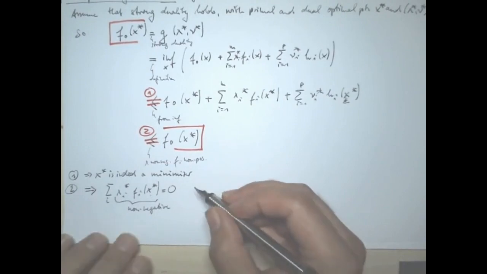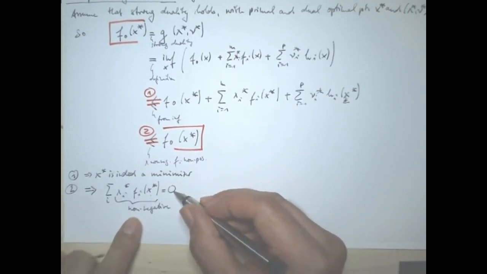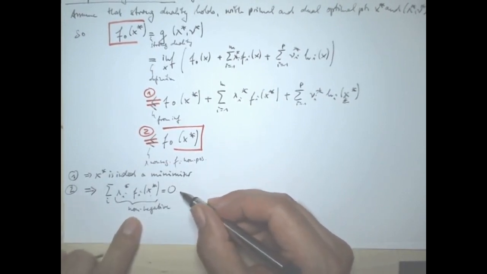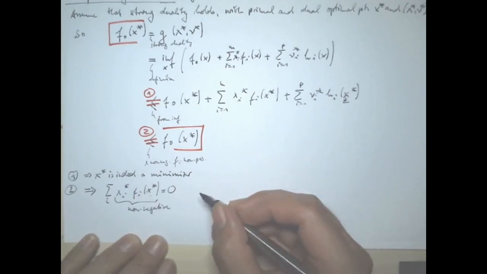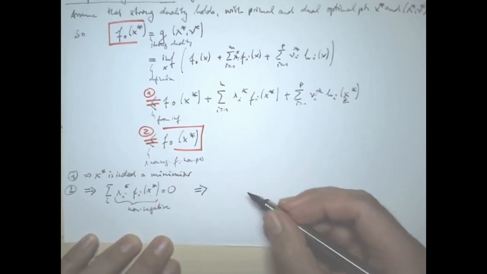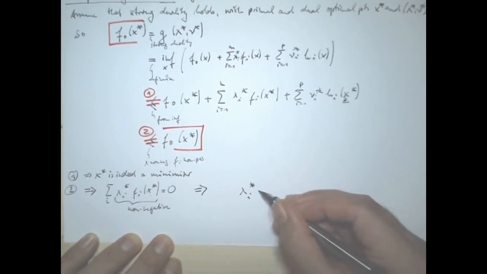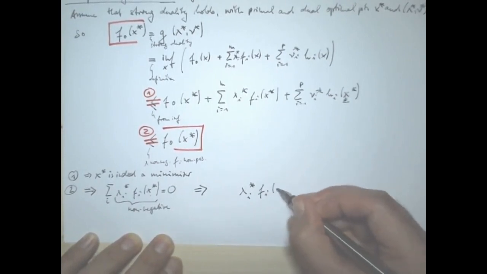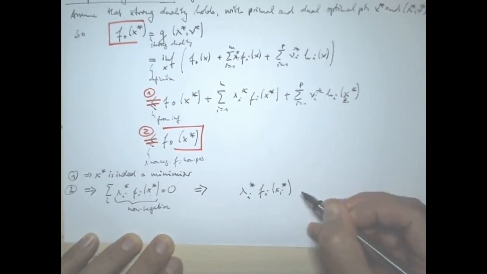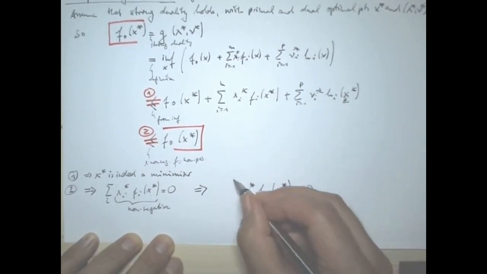And this is why this thing being equal 0 holds not just for the sum, but for each individual term. So I get that lambda i star times fi of x star equals 0.